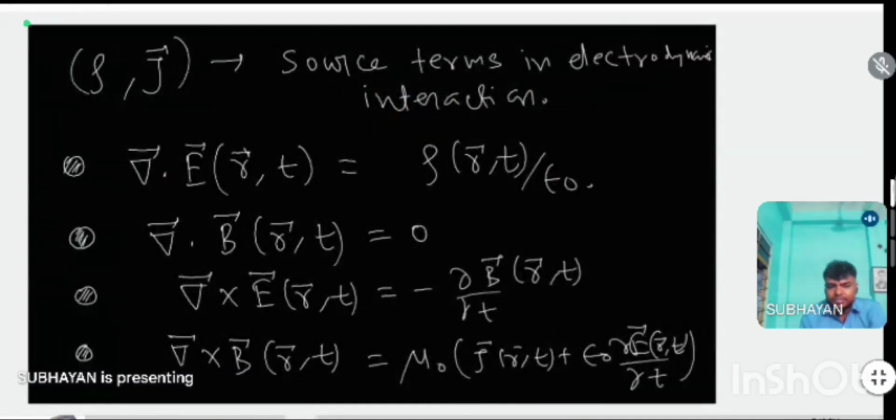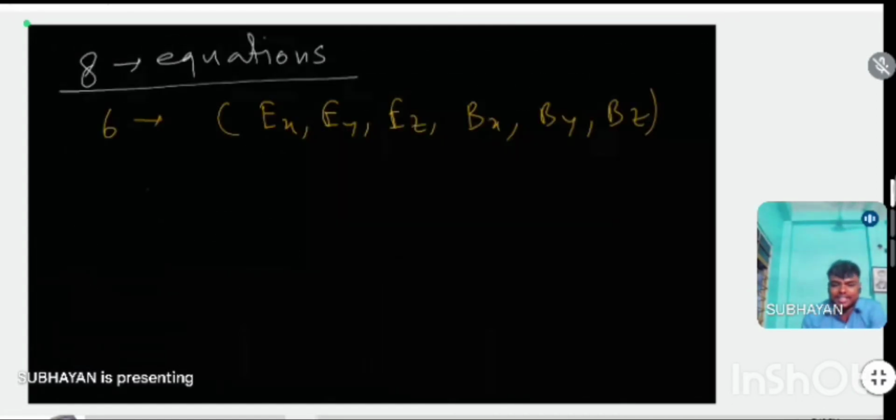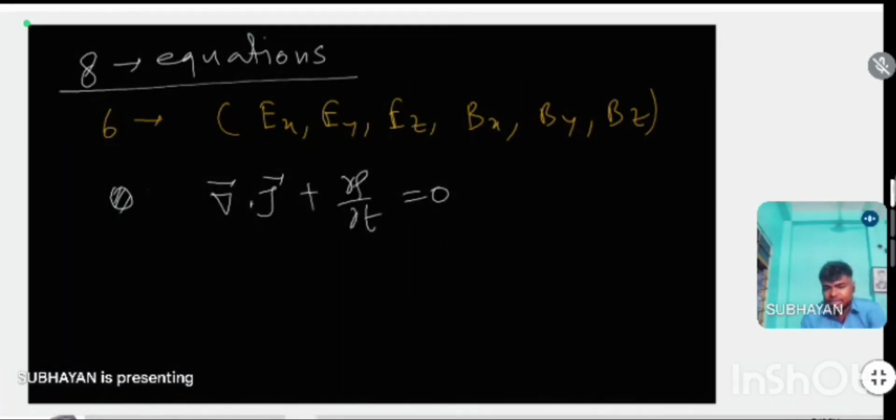So there must be 2 interconnecting relations, and the 2 interconnecting relations are, namely, the continuity equation, divergence of J plus del rho by del T equals 0.